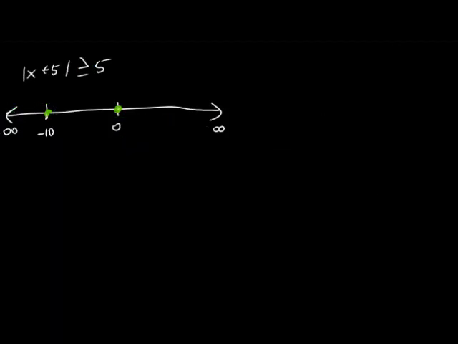If the inequality had been greater than or equal to 5, that would have changed our answer ever so slightly. We would have still had negative 10 and 0 marked, and they still would have been closed circles. However, if you begin with a greater than symbol for an absolute value inequality, what you'll have instead is a divergence.